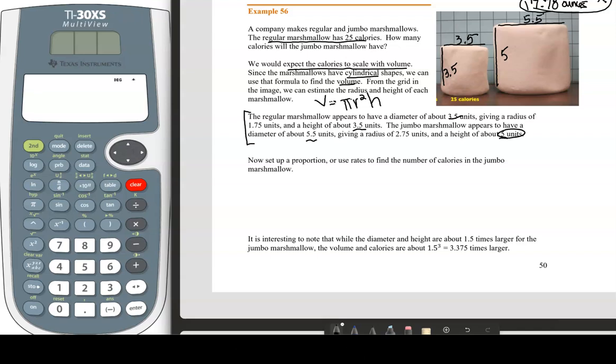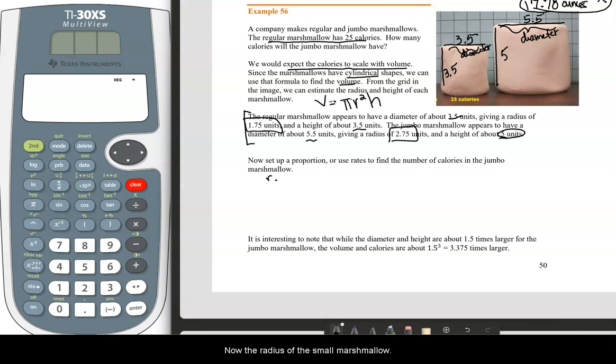Now, we're going to set up a proportion, and you could also say rates, and we're going to find the number of calories in the jumbo marshmallow. But before we do that, let's deal with the other numbers in this paragraph. The numbers here given to us are diameters. So that means that we need to find the radius.